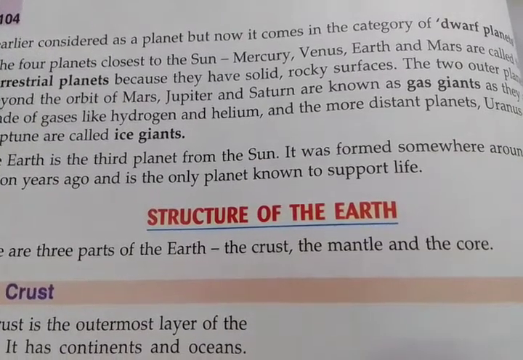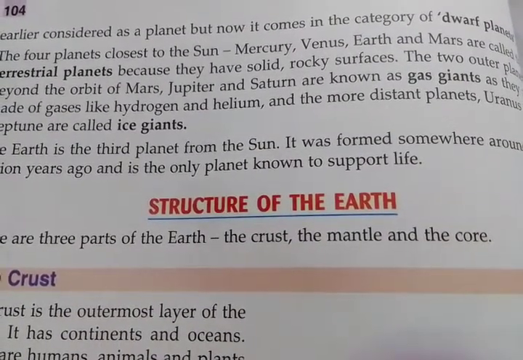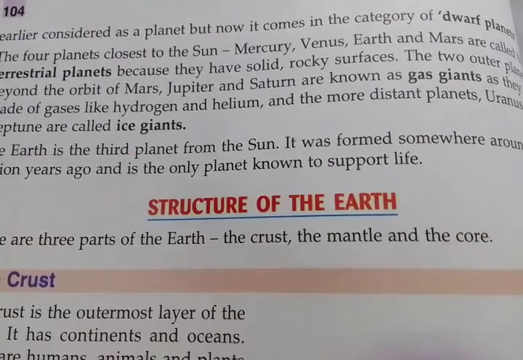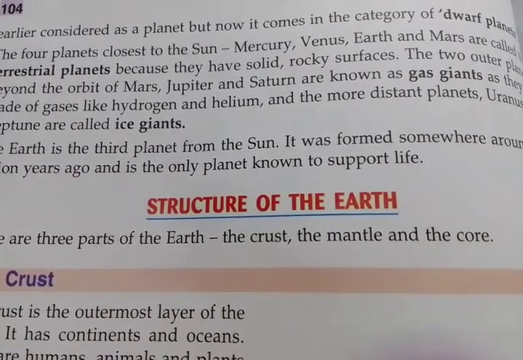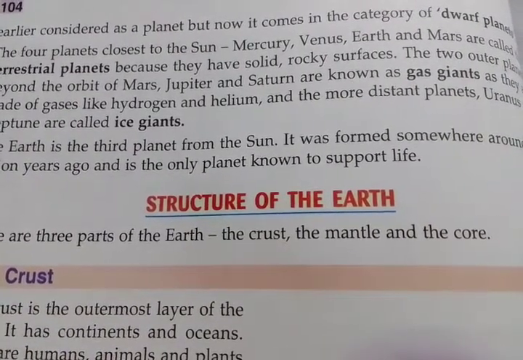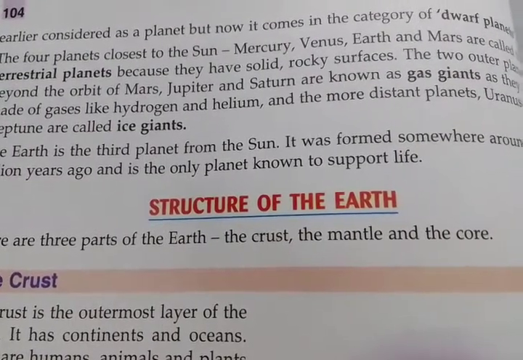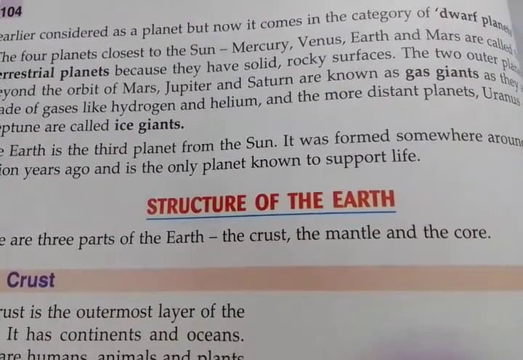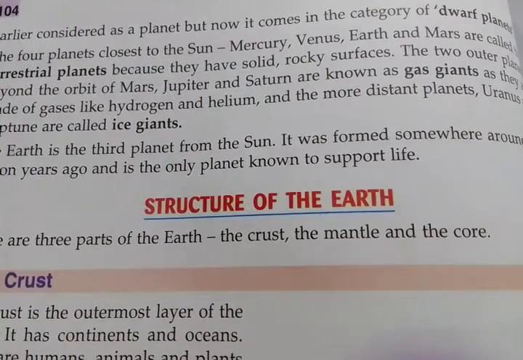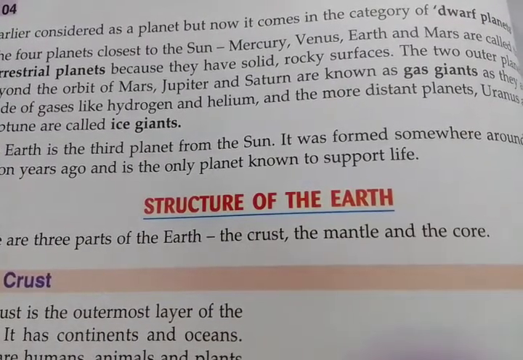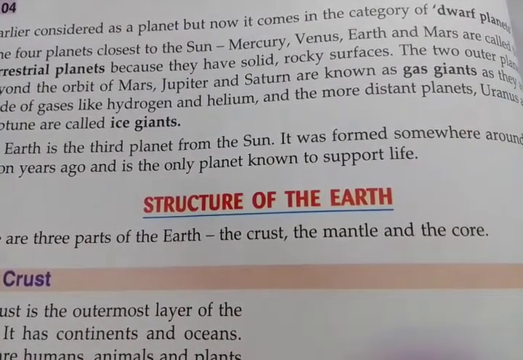And the 2 outer planets beyond the orbit of Mars, Jupiter and Saturn are known as gas giants because they are made of gases like hydrogen and helium. And the more distant planets, Uranus and Neptune, are called as ice giants.